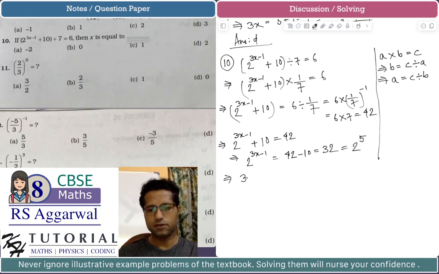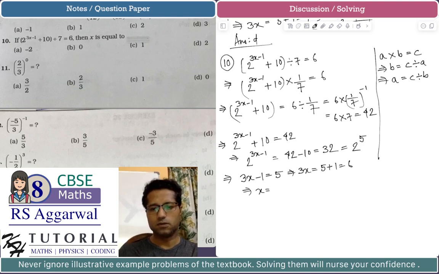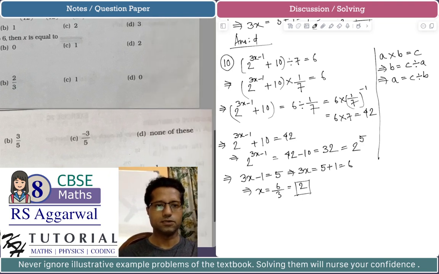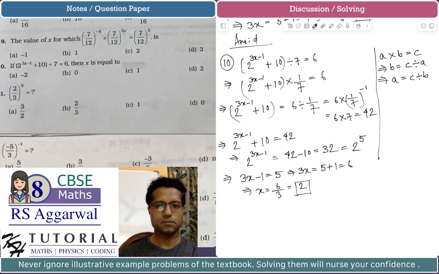So 3x minus 1 equals 5. This implies 3x equals 5 plus 1 equals 6. This implies x equals 6 by 3, which is 2. So the value of x is 2. Therefore, the answer is choice D.